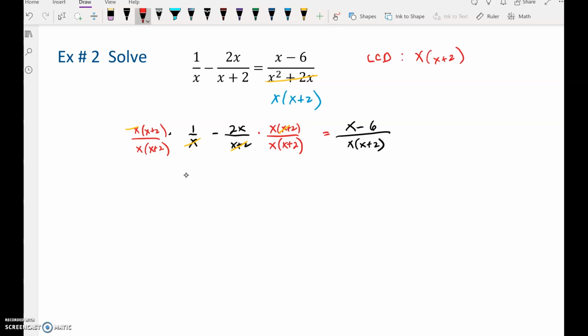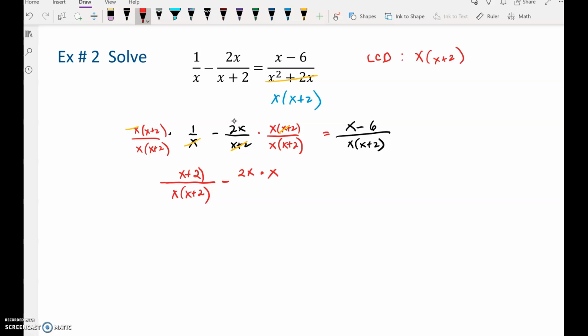So my first part of the equation, I'll get that x plus 2, and this gives me x plus 2 as I had already canceled this, multiplied by 1, so I have x plus 2, then minus 2x multiplied by x.